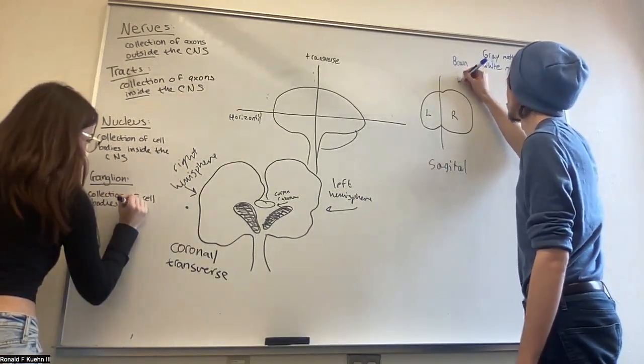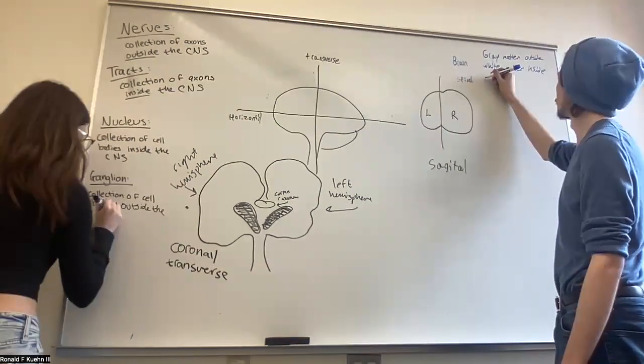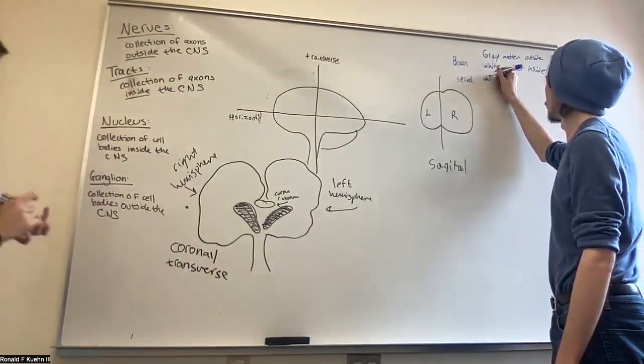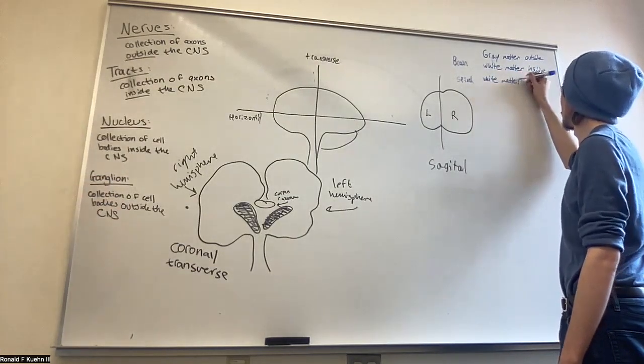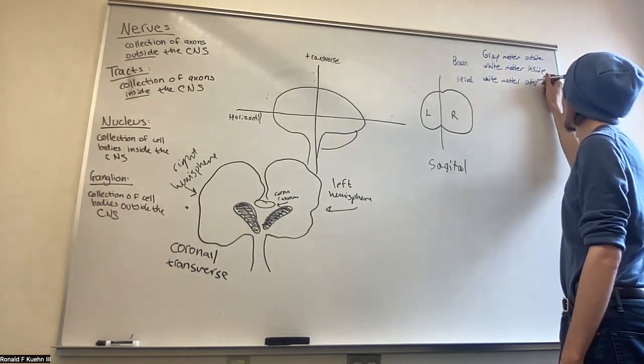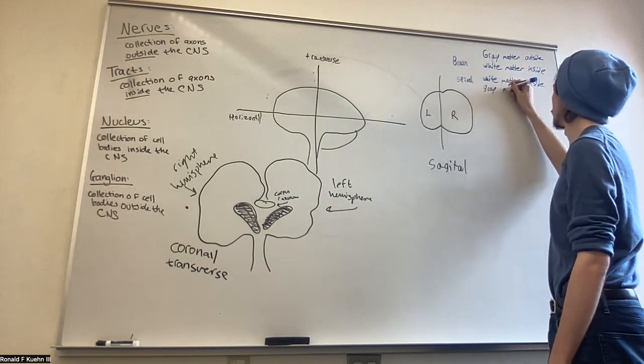So, spinal cord: white matter on the outside, and gray matter on the inside.